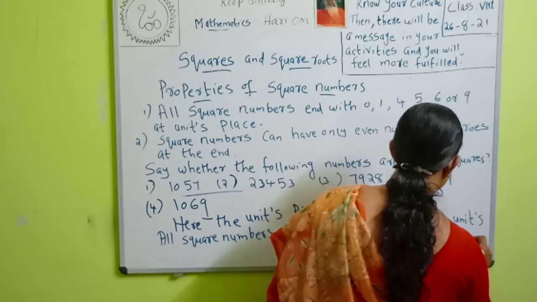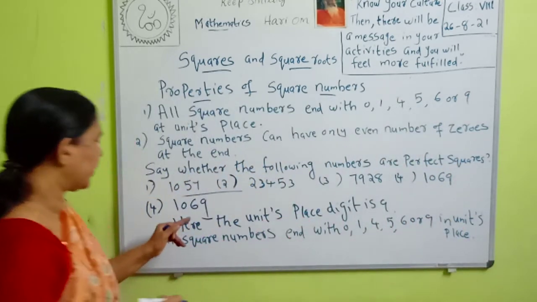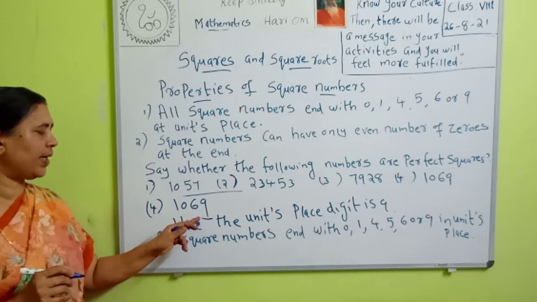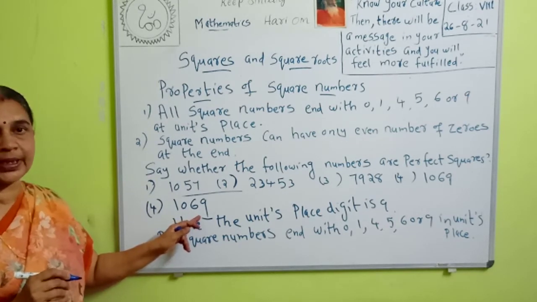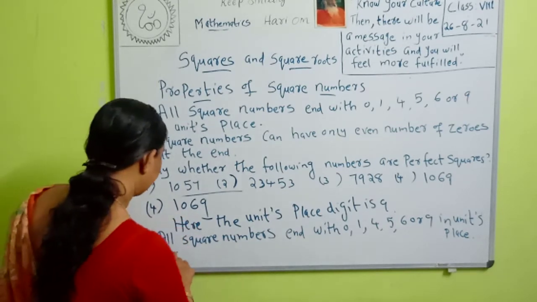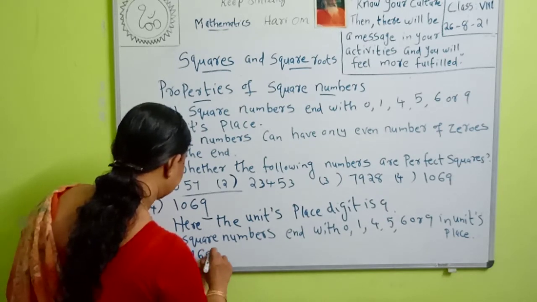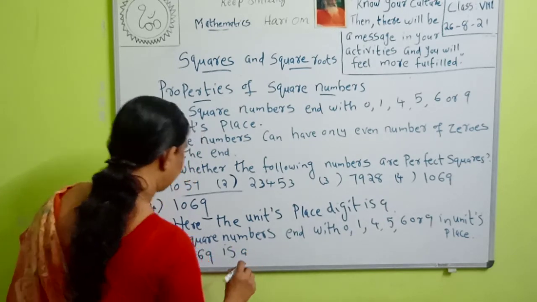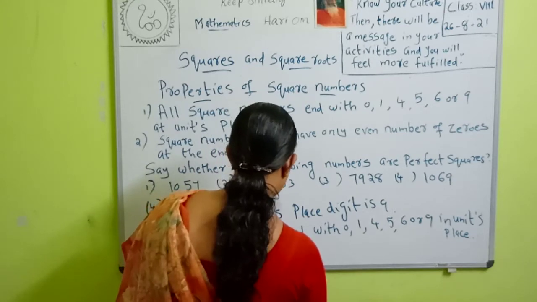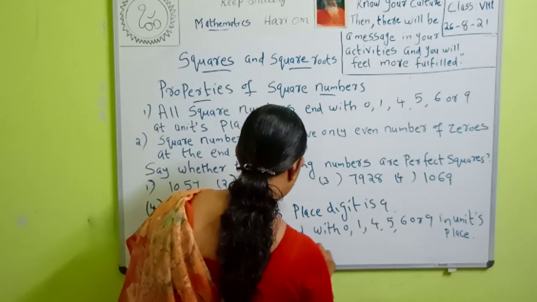So what we can say? Here this digit ends with 9. The units place digit is 9. Therefore 1069 is a perfect square.